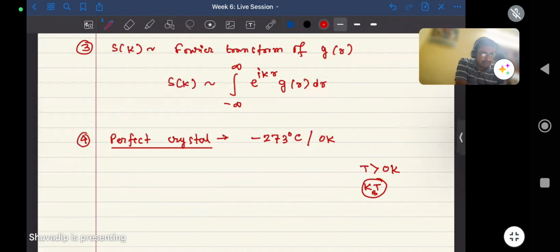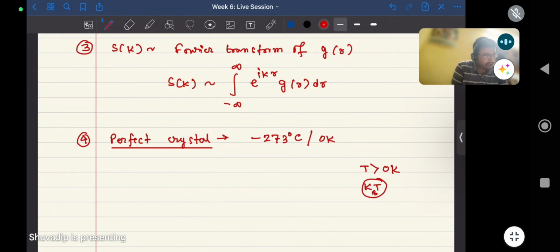So if there is molecular vibration, that is not a perfect crystal. If you want a perfect crystal where every molecule is completely stagnant, completely fixed, then you have to reach 0 degree Kelvin, minus 273 degrees centigrade.